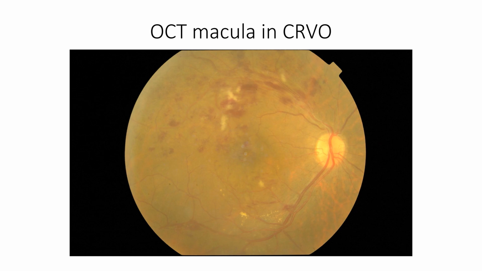What happens in a central retinal vein occlusion? Although this is not a very severe central retinal vein occlusion, if we can classify it, it becomes a non-ischemic variety because there's a lack of hemorrhages in all the quadrants, and the hemorrhages are not that dark and widespread.